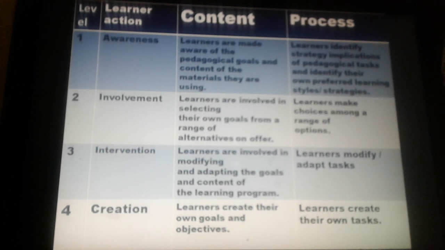Involvement, it's level 2. Learners are involved in selecting their own goals from a range of alternatives on offer. Process: learners make choices among a range of options. Here, involvement, as I said, means that learners do not become just an audience. They should be involved in the learning process.